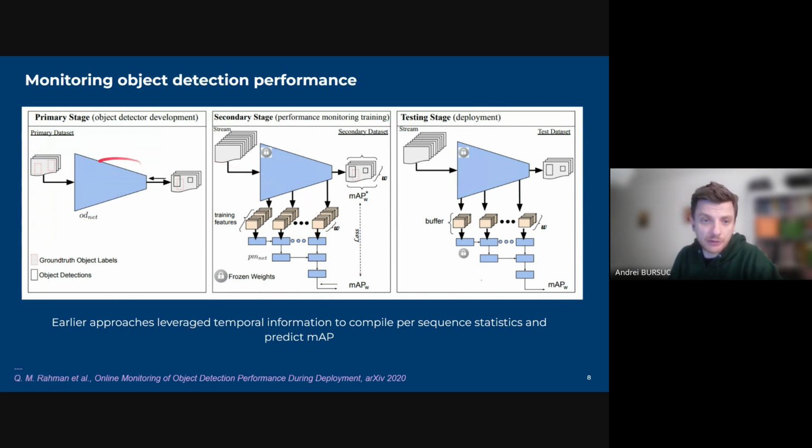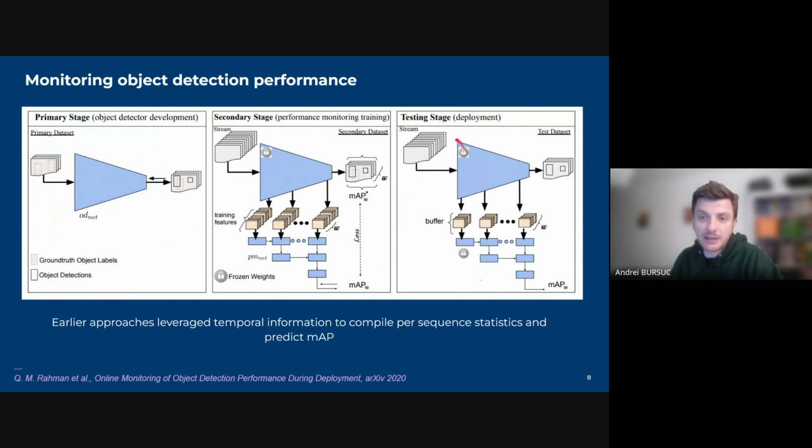They have a target network which is frozen in the second stage, where we train just the monitoring system, or the observer, which in this case is a small ensemble of boosted networks, and they are trained to evaluate in time and to look at the predictions from each previous time step to predict, at the end of the temporal window, the total MAP in that window.